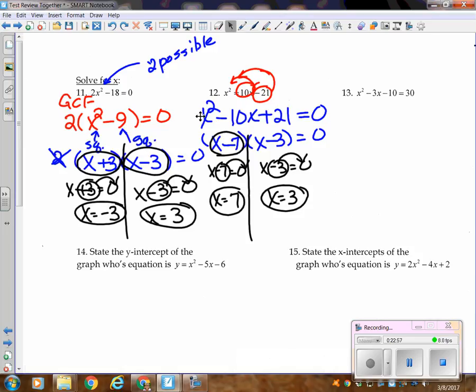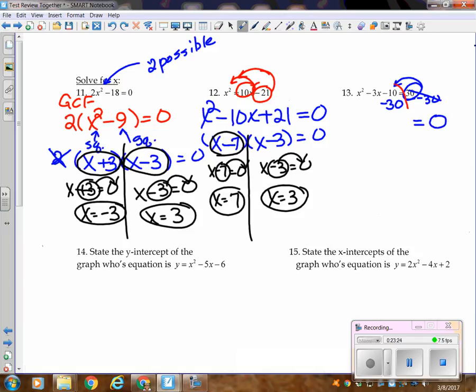The last one. First thing I have to always do is make sure it says equals 0. This doesn't. It says equals 30. So if we bring 30 to the other side, it's going to become a negative 30. Now I already have negative 10 on that side. So when I take away 30 from both sides, I end up with equals 0. But what's negative 10 and negative 30?